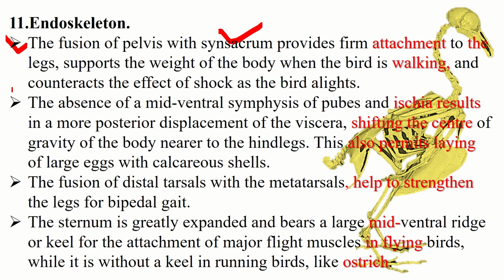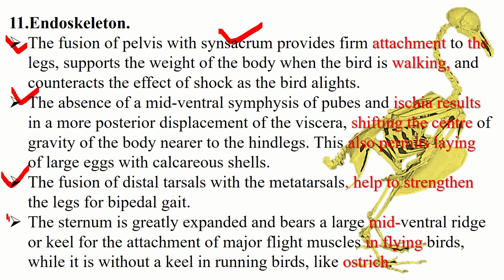The absence of a midventral symphysis of pubis and ischia results in a more posterior displacement of the viscera, shifting the center of gravity of the body nearer to the hind legs. This also permits laying of large eggs with calcareous shells. The fusion of distal tarsals with the metatarsals helps strengthen the legs for bipedal movement.